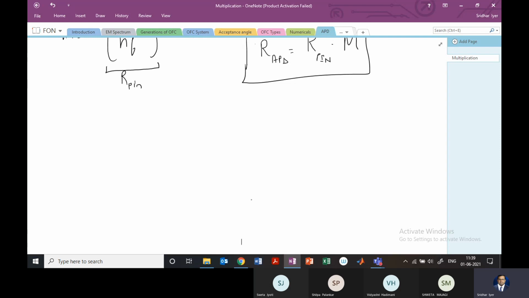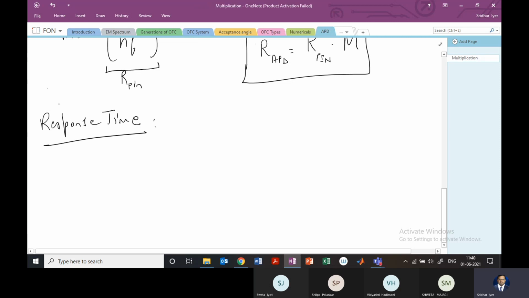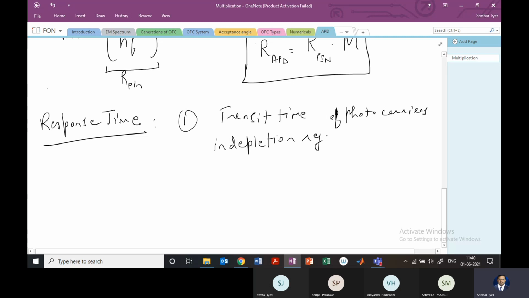Okay. So before we go to the numericals, we'll discuss some performance requirements of the APD. One is the usual response time. It depends on the following factors for the APD. One, what is known as the transit time of photocarriers in the depletion region.